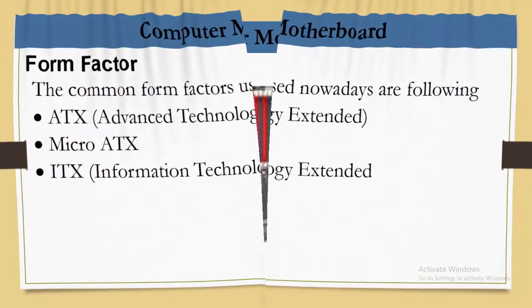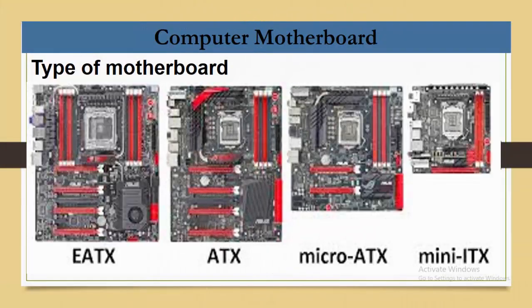Okay, students, the next one is types of motherboard. The component is named motherboard because it connects everything to each other. As we have discussed in the above page, although there are so many varieties of motherboards you can find in an electronics store, the most common are four types that are shown in the figure and you are seeing now.